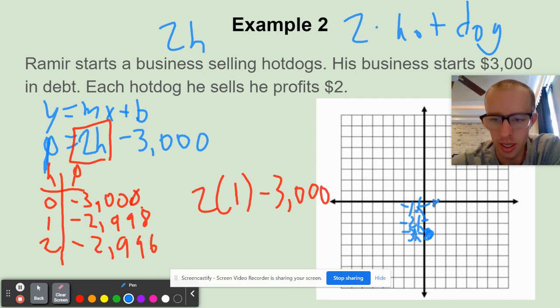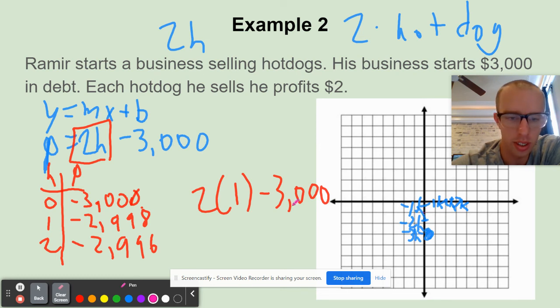Let's say these are also changing by 1,000. We're going to go up 2 because the slope is positive 2. Up 2 over 1, up 2 over 1, and I kind of have my graph here.